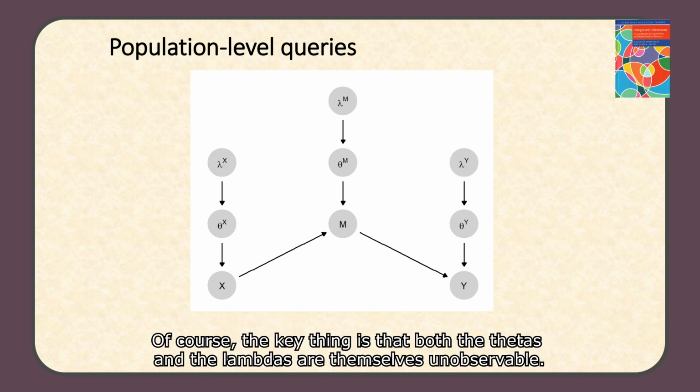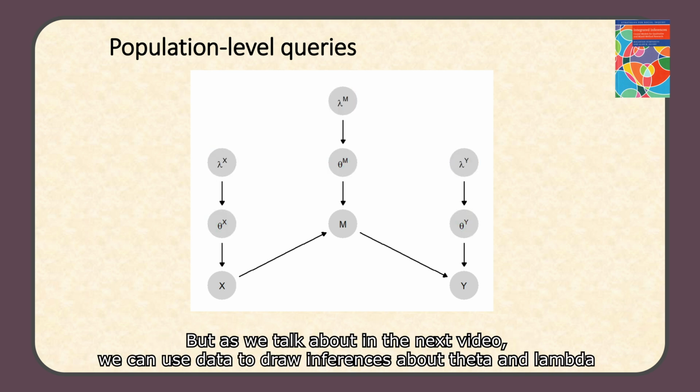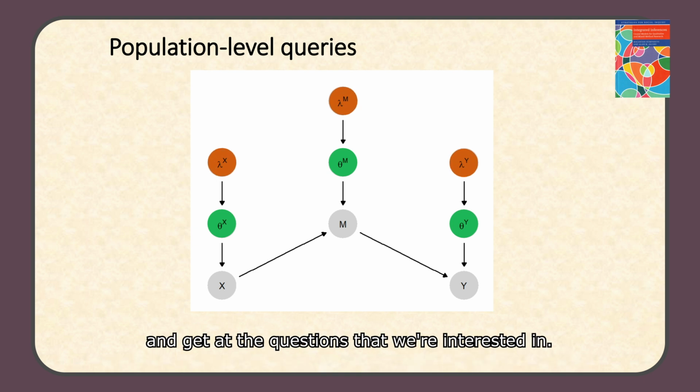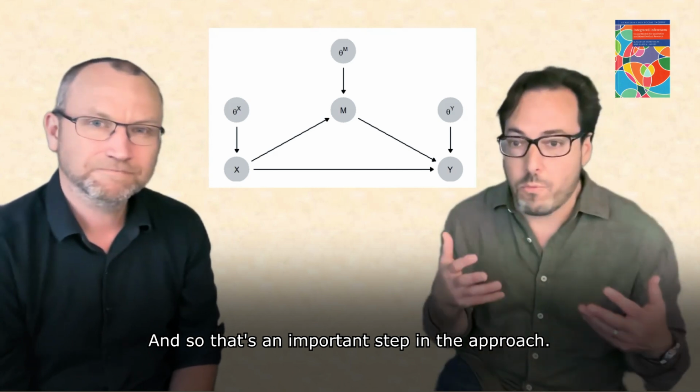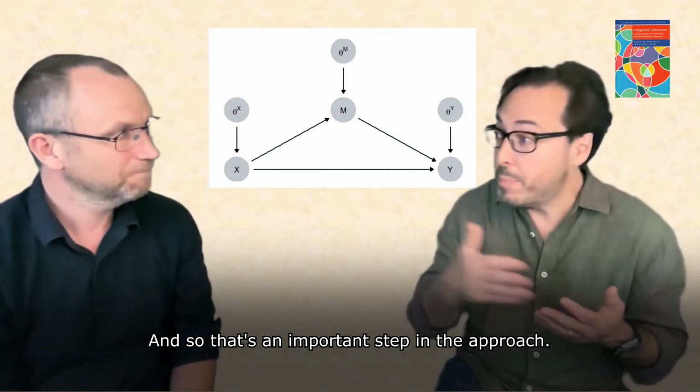Of course, the key thing is that both the thetas and the lambdas are themselves unobservable, but as we talk about in the next video, we can use data to draw inferences about theta and lambda and get at the questions that we're interested in. And so that's an important step in the approach.